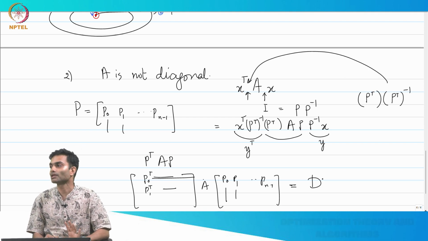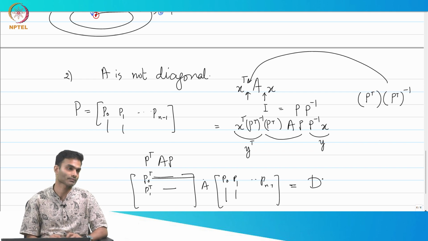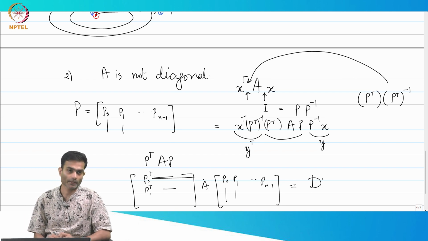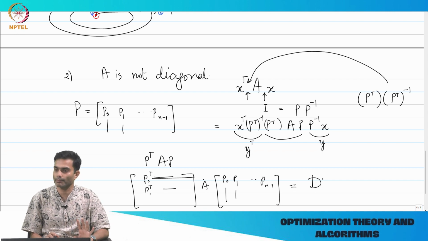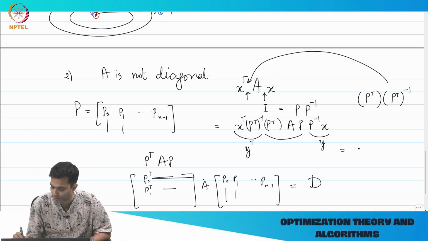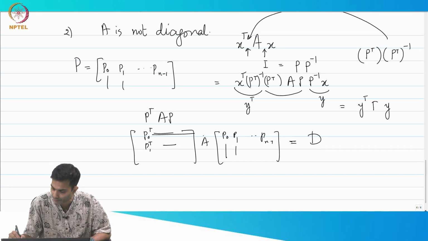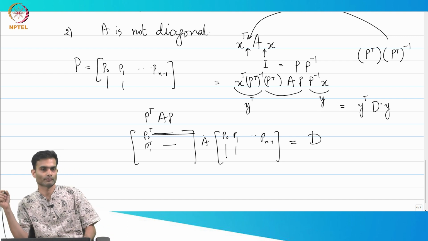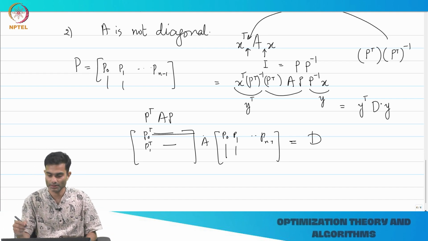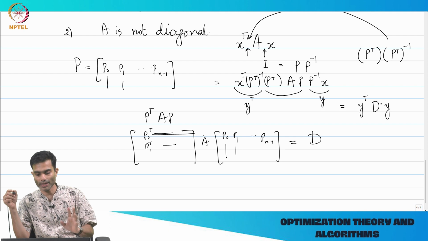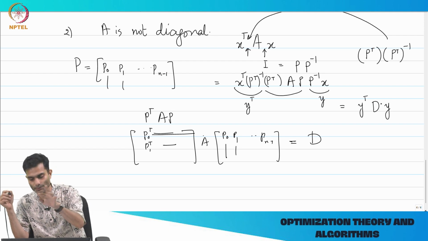So this is a little bit more clever because I am not insisting on eigenvectors, right? I just need A conjugacy, and therefore this is Y transpose dy. Sorry, not AY, dy. This entire expression, P transpose AP, became dy.